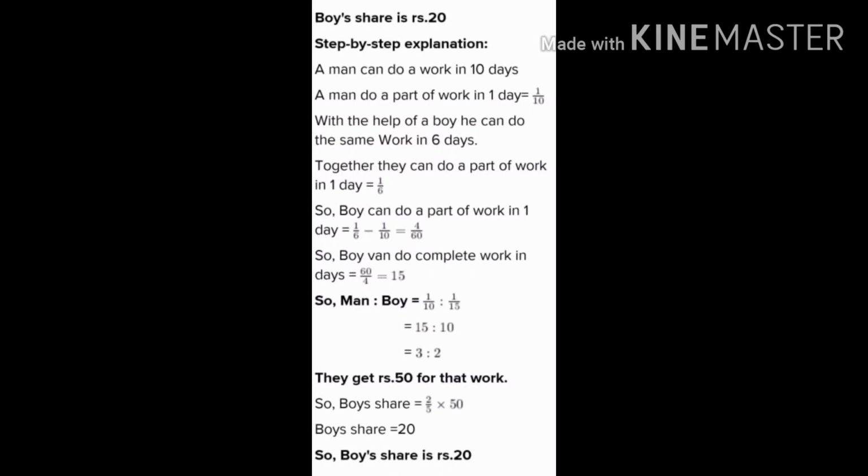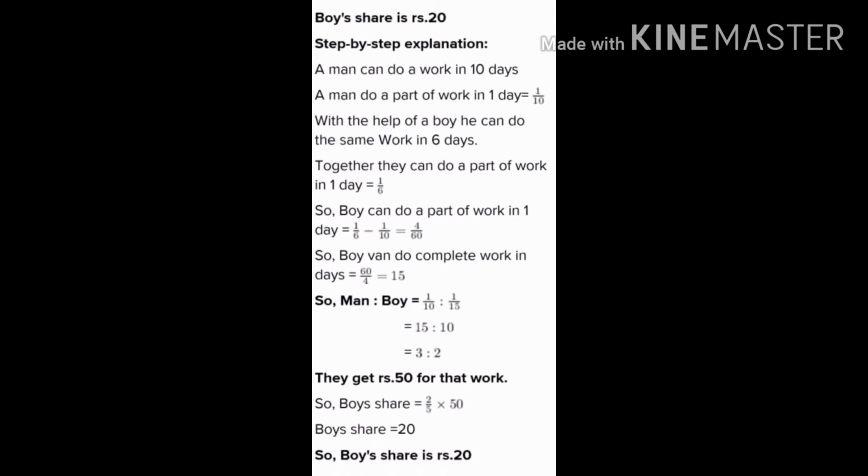A man can do a piece of work in 10 days. A man does a part of work in a day equal to 1 upon 10. With the help of a boy, he can do the same work in 6 days, as mentioned. Together they can do a part of work in 1 day equal to 1 by 6. So the boy can do a part of work in 1 day equal to 1 by 6 minus 1 upon 10, 4 by 60.